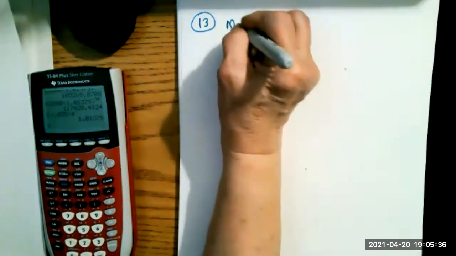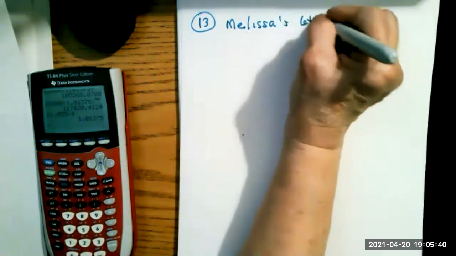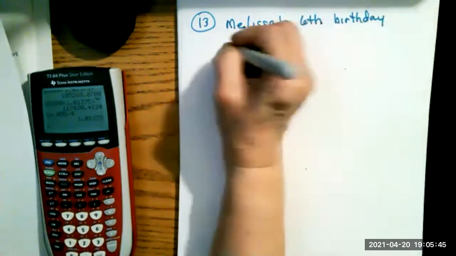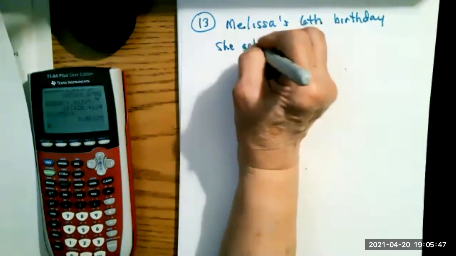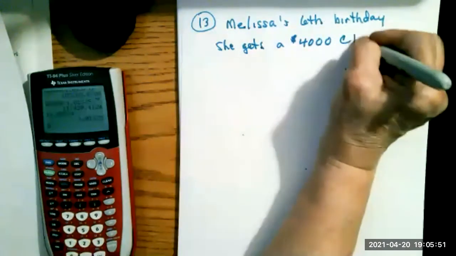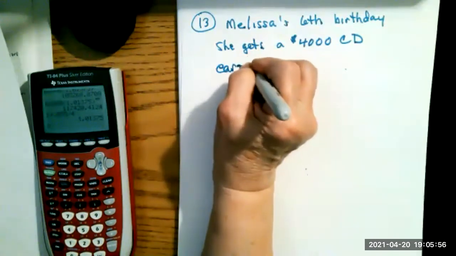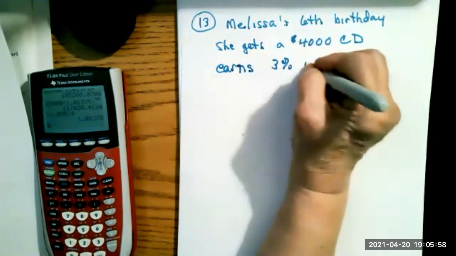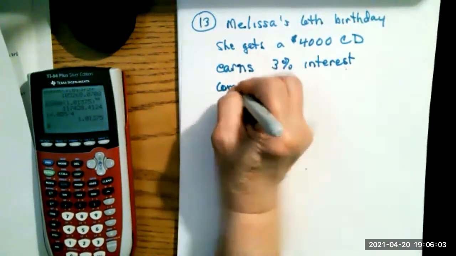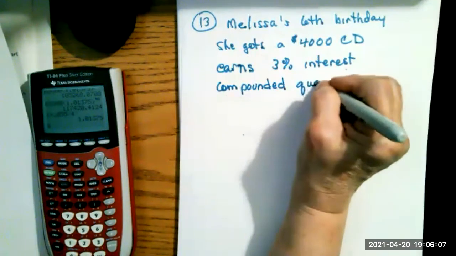This is Melissa, and she's having a birthday. Melissa's 6th birthday. She gets a $4,000 CD. Boy, I'd like to have that. And it earns 3% interest compounded quarterly.